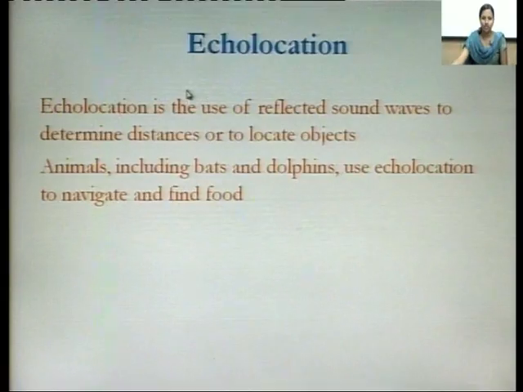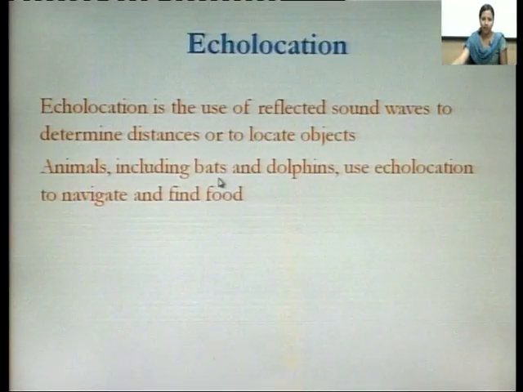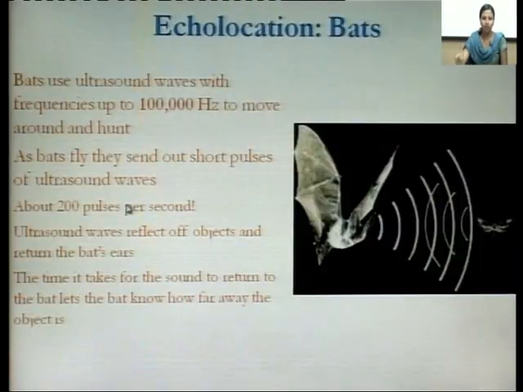Now we will discuss how bats use ultrasonic waves for location. Echolocation is the use of reflected sound waves to determine distance or to locate objects. Animals including bats and dolphins use echolocation to navigate and to find food.